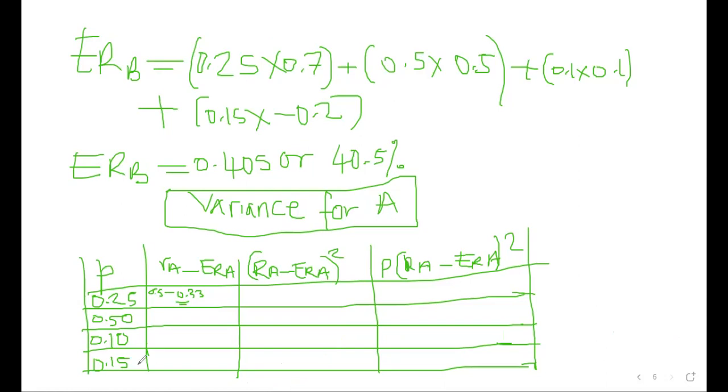Then this other one is 0.4 minus 0.33, then 0.2 minus 0.33, then negative 0.1 minus 0.33. So we can get answers there.